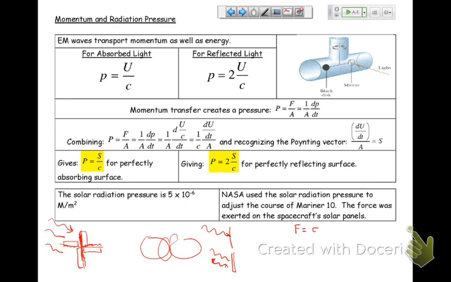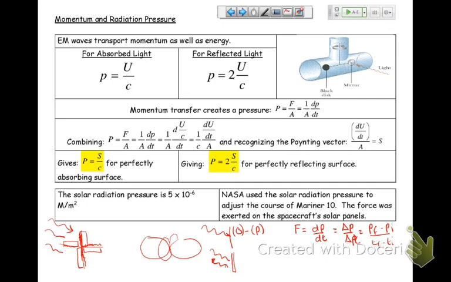Newton said F equals dp by dt, which equals delta p by delta t, which equals p final minus p initial over t final minus t initial. So if I have a change in momentum in a given time, I will get a force, or I get a change in momentum in a given time if I have a force. My momentum before is, let's call it p, and because it got absorbed, the final momentum is 0.